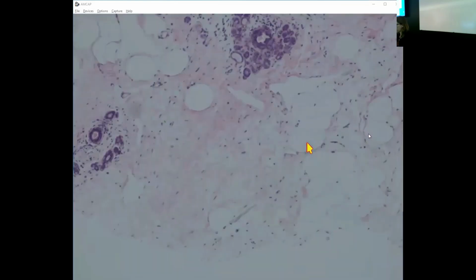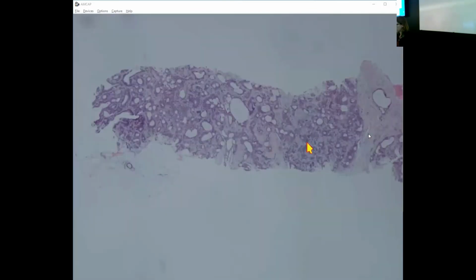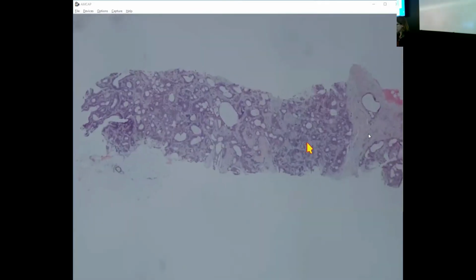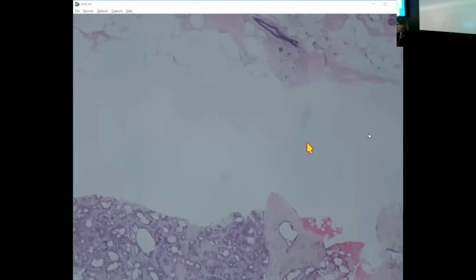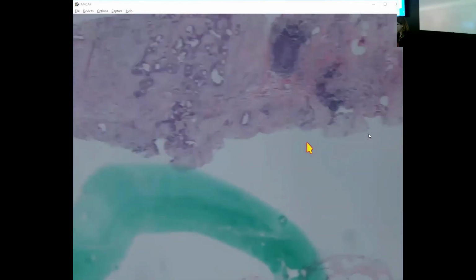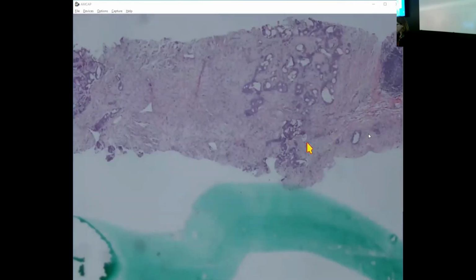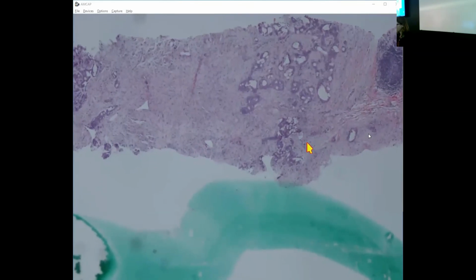Okay. The only other one I have to show you that I think is relevant is the one that I had shown in the slide presentation, or a similar one, which is another example of an adenomyoepithelioma where the pitfall is calling it invasive carcinoma. This one was a bit funny because it had this central area, which I don't really know.